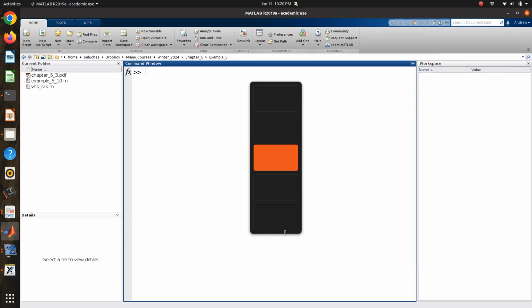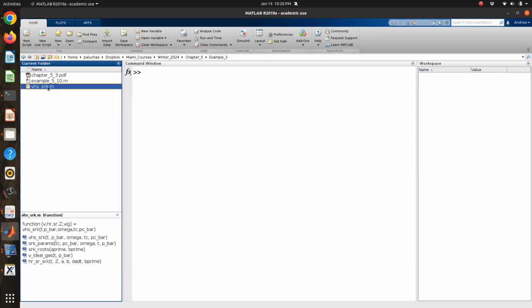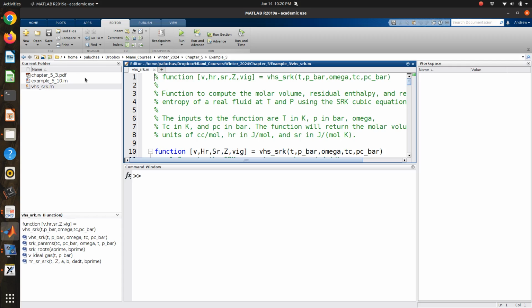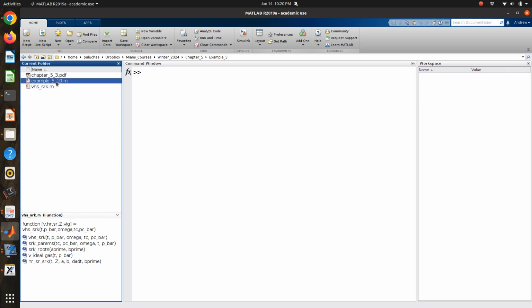All right, so to perform this calculation, I'm going to jump over to MATLAB. What I have downloaded in my directory is this function file, which actually does the SRK equation of state calculation. I'm going to close it because I don't want to touch or edit it, but you need to download it and have it in your working directory. I also downloaded the script example 5.10.